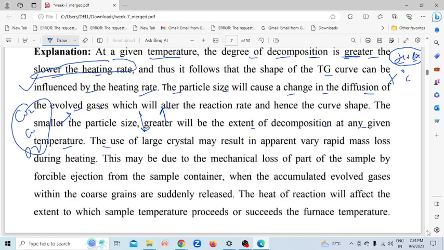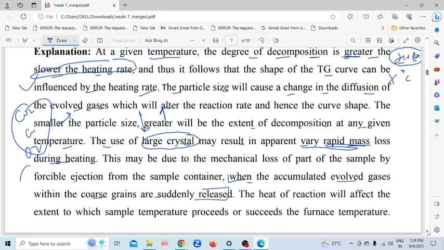Then third, the use of large crystals may result in apparent very rapid mass loss during heating. Why is it so? This may be due to mechanical loss of part of the sample, when the accumulated evolved gas within the coarse grain is suddenly released.